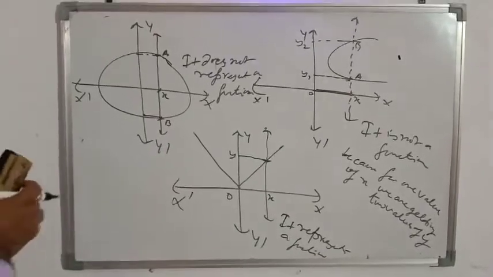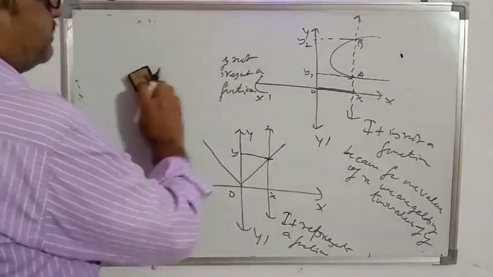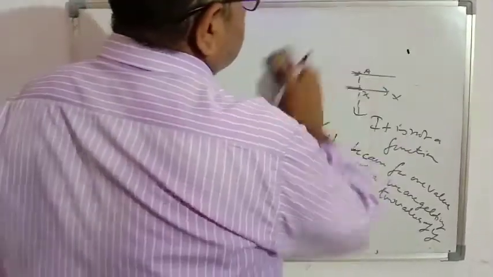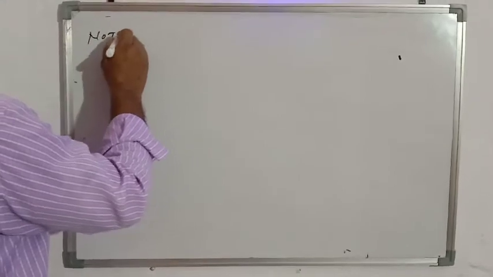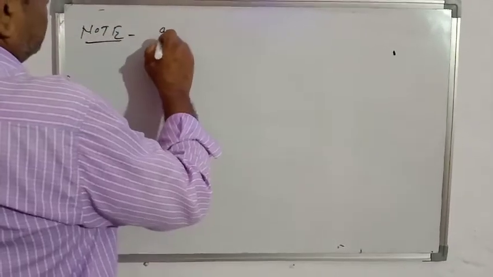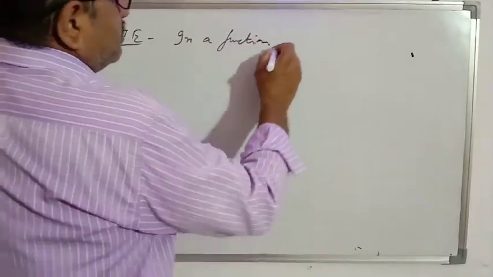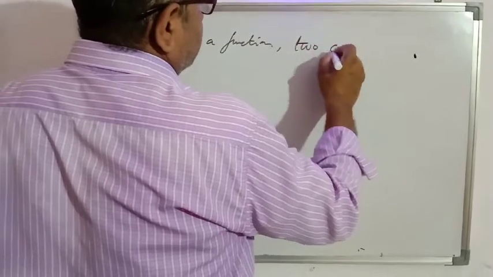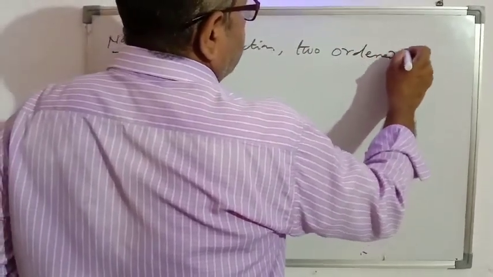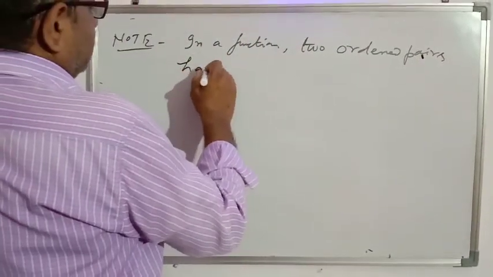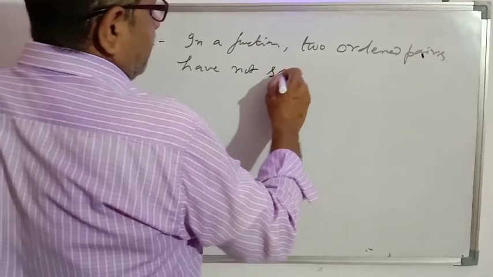So in the function, we see that each element of set X has a unique image in the set Y. You can write a note here. In a function, two ordered pairs do not have the same first component.